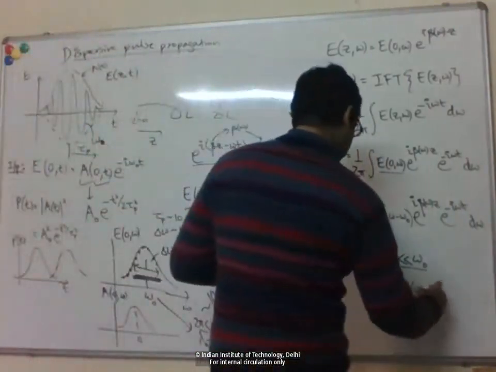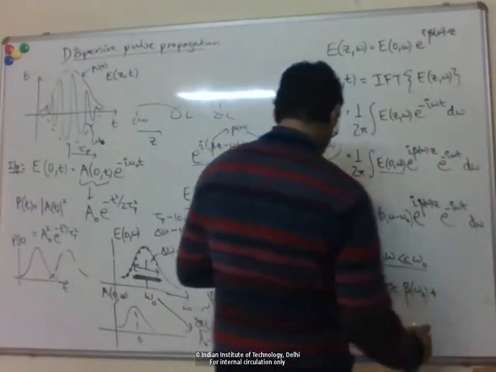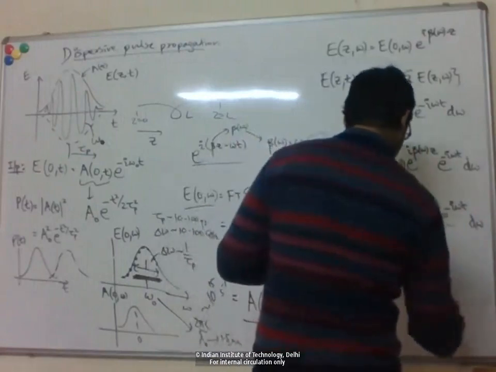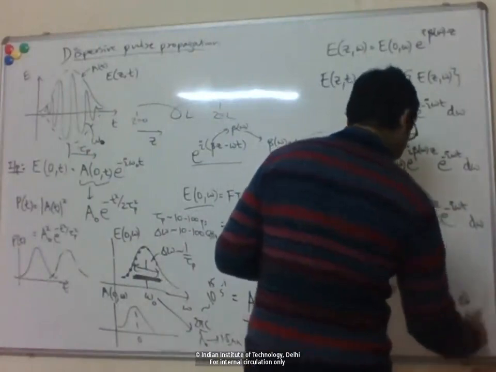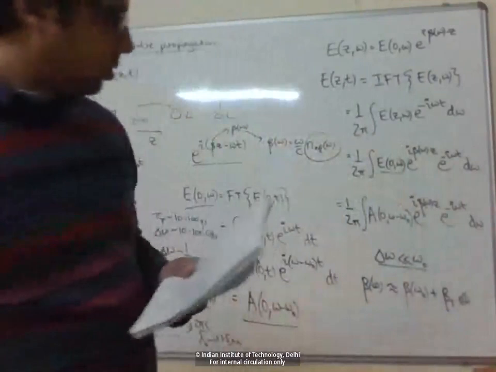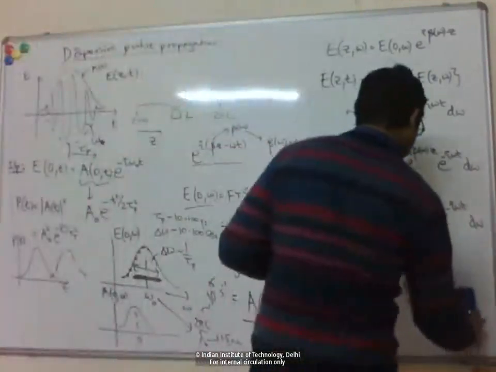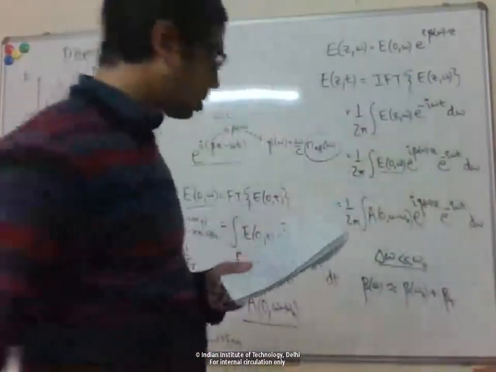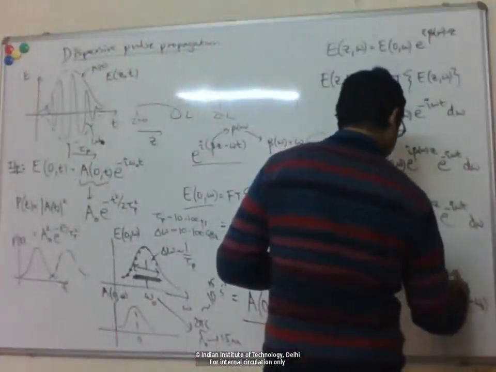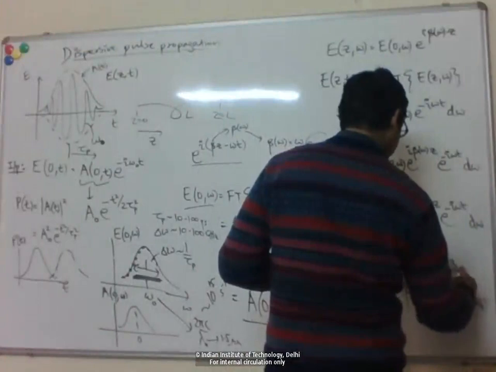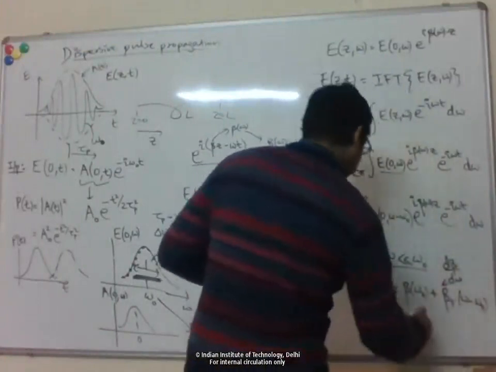Okay, so there will be a first derivative times omega minus omega naught, right? So beta 1 is the first derivative of beta with respect to omega.